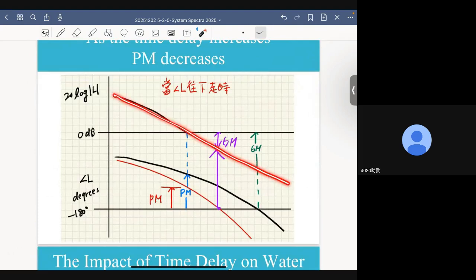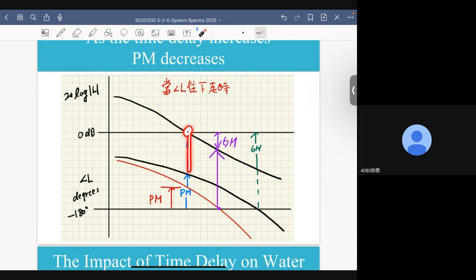Here, the black solid line represents the system without any time delay. So by definition, this is the phase margin, and this is the gain margin. But because of the time delay, the real phase response shifted to this curve, all right? Because the magnitude part remains the same, the gain crossover frequency is still the same.